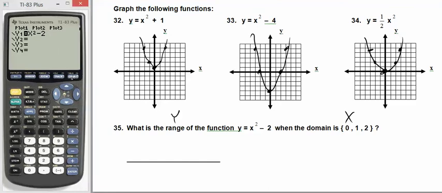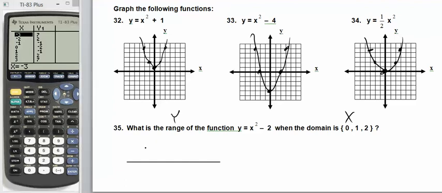So if we put this in our table, all we're looking for is when x is 0, what is y? -2. When x is 1, y is -1. When x is 2, y is 2. And that's our answer.